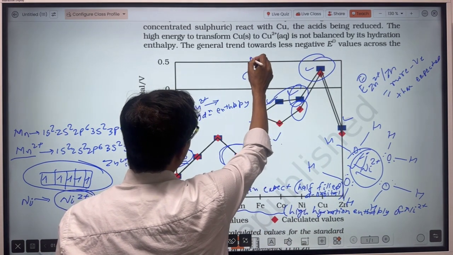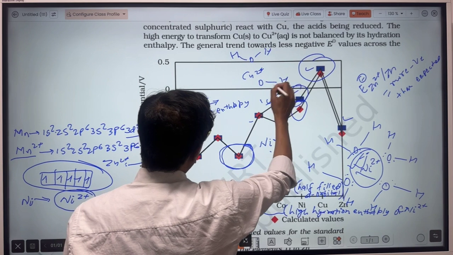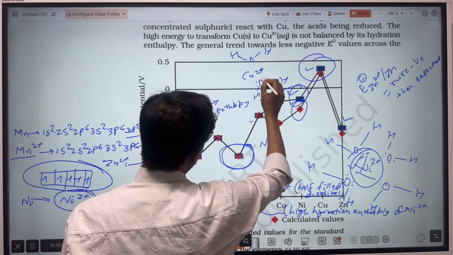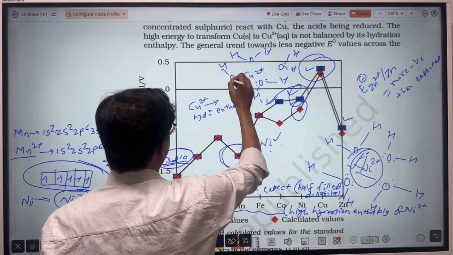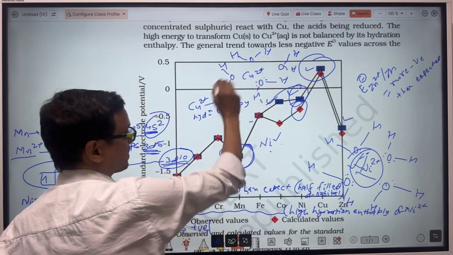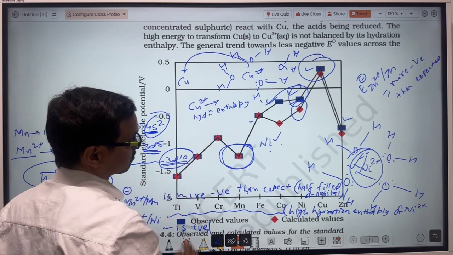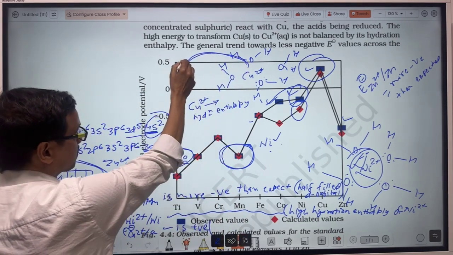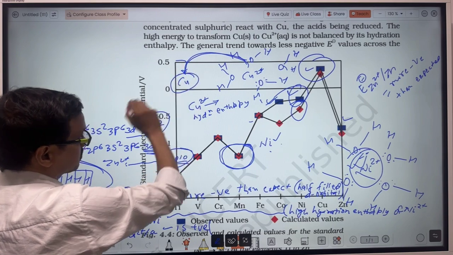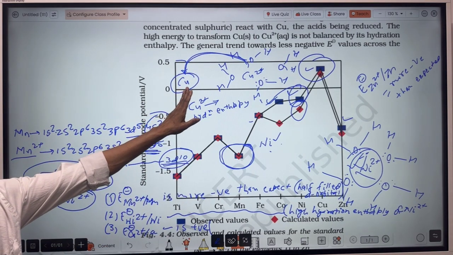When it is surrounded by water molecules, heat energy is released, and that heat energy released is called hydration enthalpy. From here energy is released, and here is another copper atom. But this released energy is not sufficient to cause the release of an electron from the copper atom.